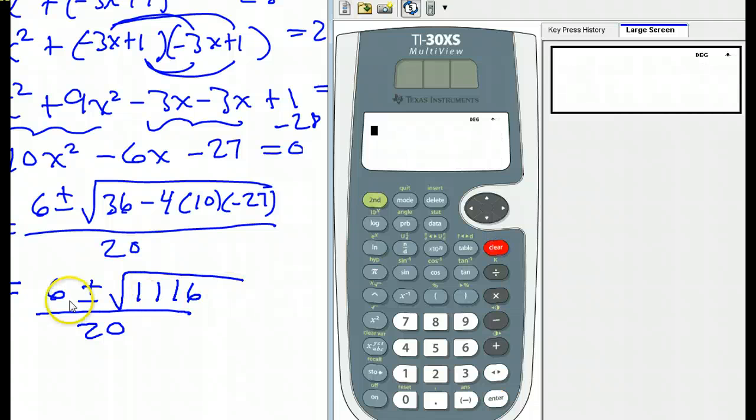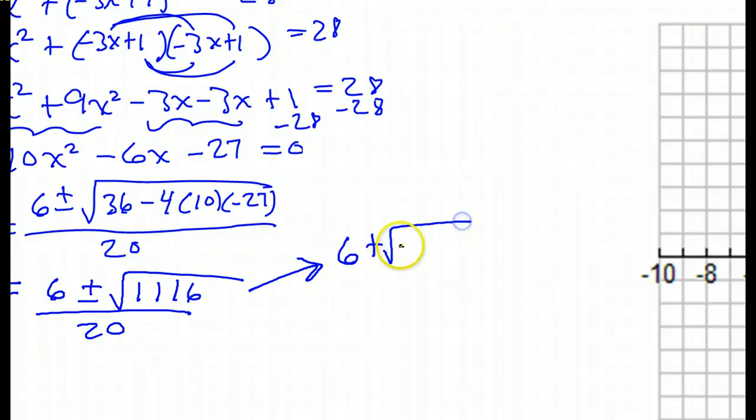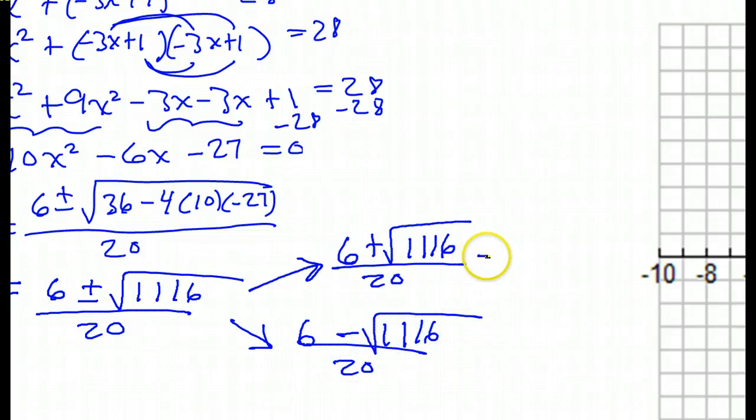So I'm going to go back and just type in this whole thing then, because we're just going to get a decimal. Now please remember that this is really two things. It's 6 plus radical 1,116 over 20, and it is 6 minus radical 1,116 over 20. So we're going to get two different answers here.